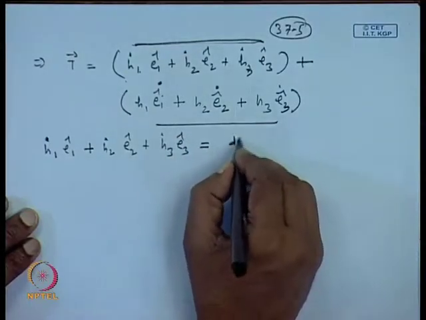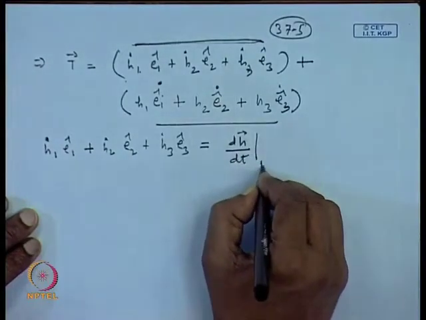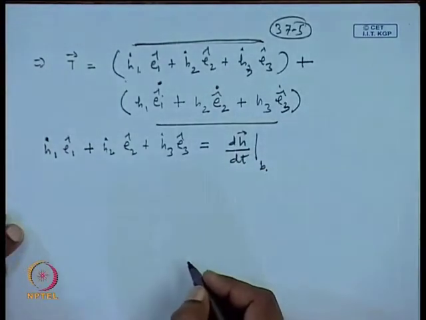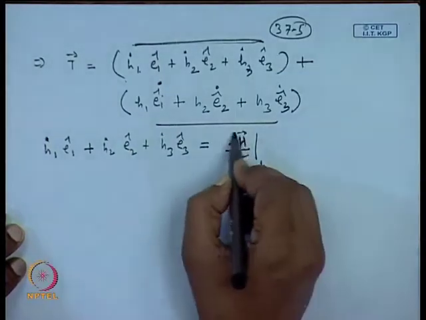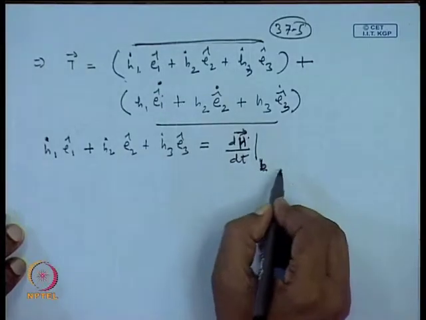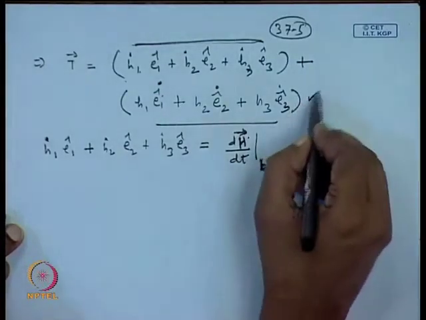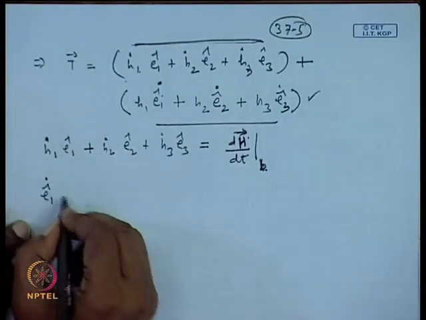This can be written as d h by dt in the body axes, or we are using capital notation for h. So, we can write in this way d h by dt with respect to the body axes, and this part we need to explore. So, now we have to first evaluate E1 dot.